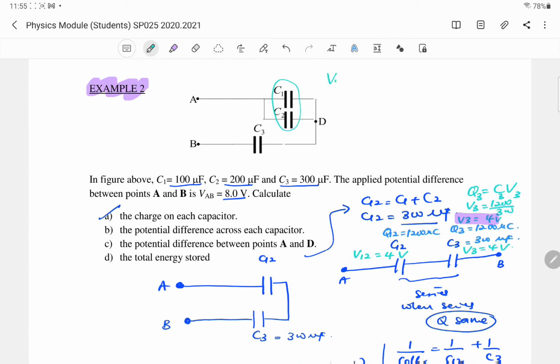So because arranged in parallel, we know that V1 equal to V2 equal to 4 volt.